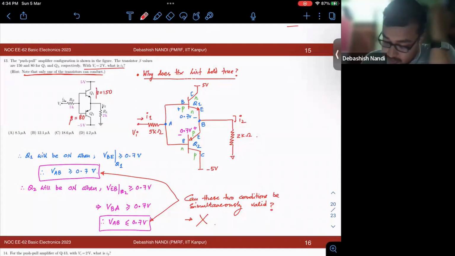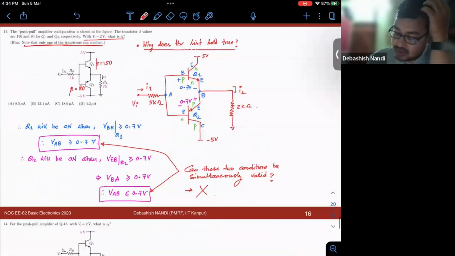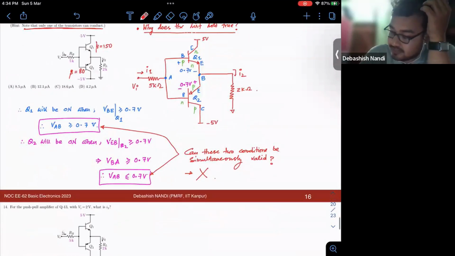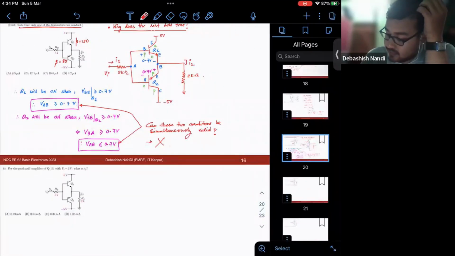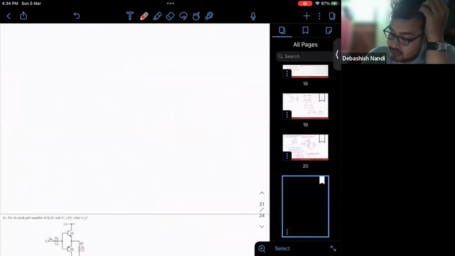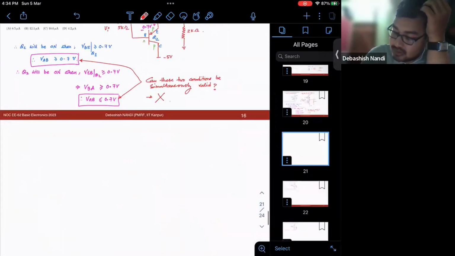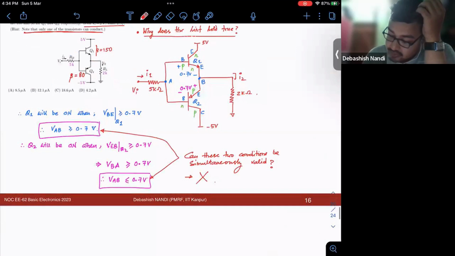Now for the push-pull amplifier configuration, the transistor beta is given. It is if Vi is 2 volt. Let me copy this circuit.